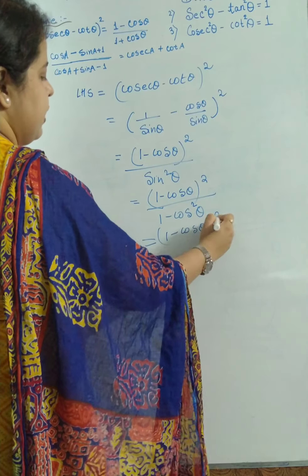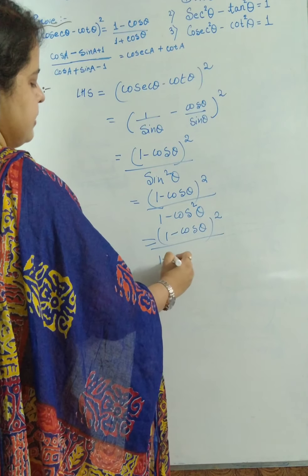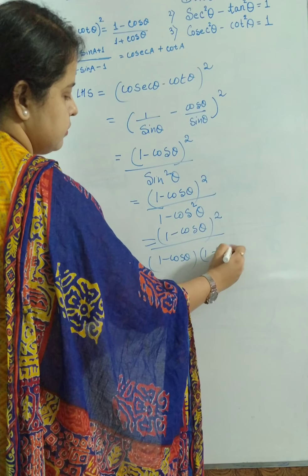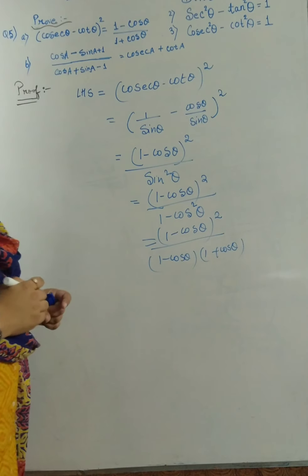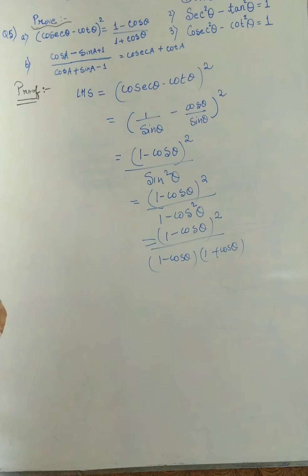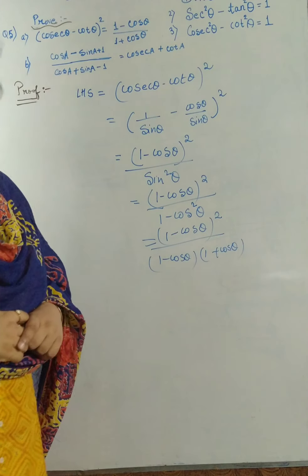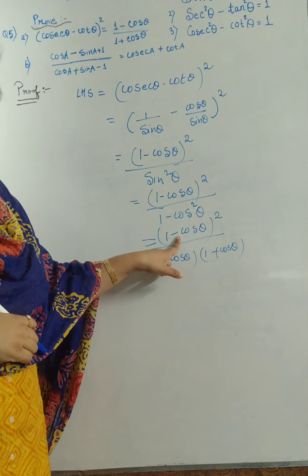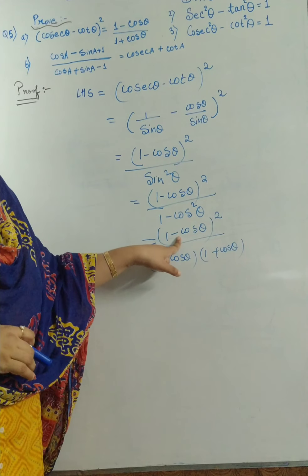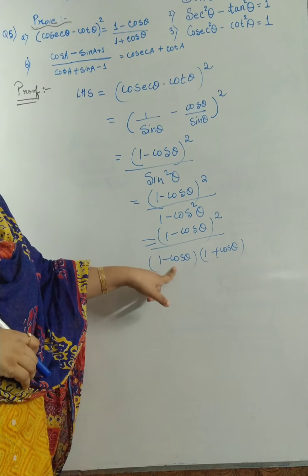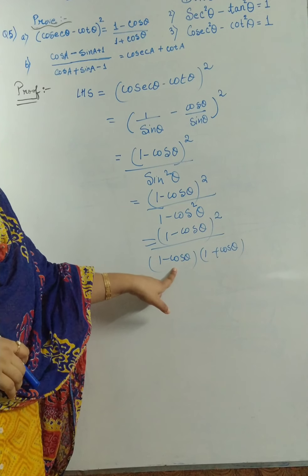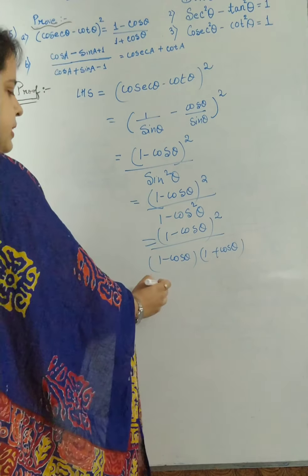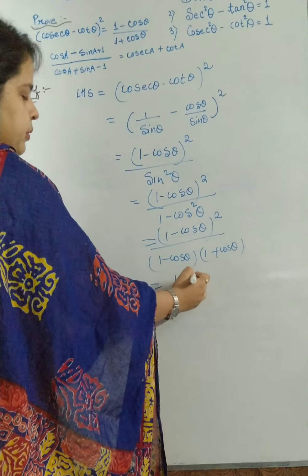So that one of the factors is going to cancel from the numerator and the denominator. See this very carefully. I factorize it into (a plus b) into (a minus b). Fine. Now 1 minus cos theta from the numerator is going to cancel with the 1 minus cos theta in the denominator, and the result here is in front of you.